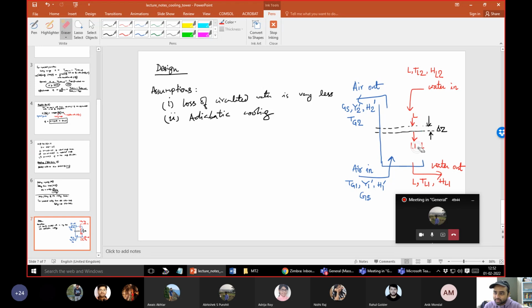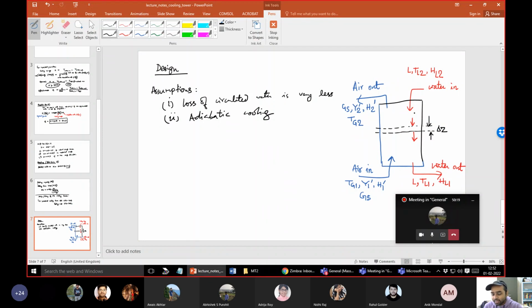Liquid flow rates are not changing. So across this small cross section, what is changing? It is the temperature of the water, and it is the enthalpy of the air that is essentially changing, isn't it?